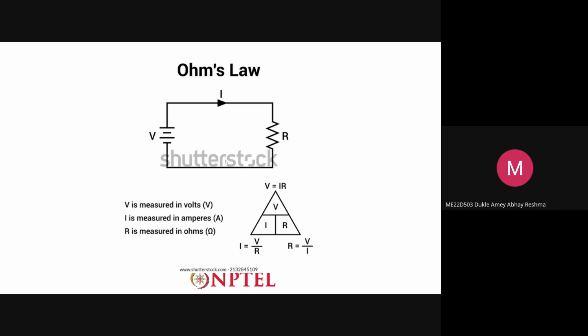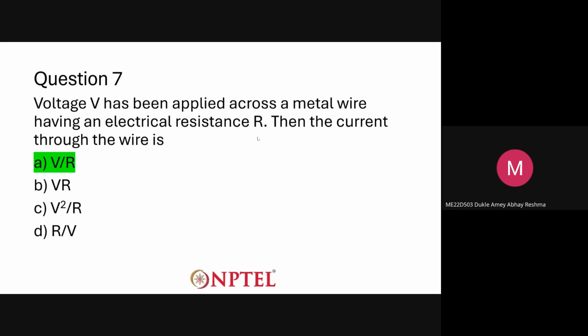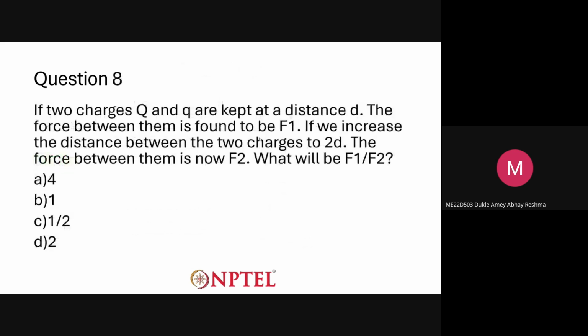So basic Ohm's law. This is the triangle. If you want to remember properly, you can use this triangle also for your reference. So the answer is option A. I is equal to V by R.